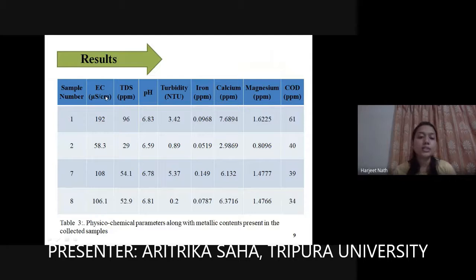Here you can see the electrical conductivity is 192 microsiemens per centimeter, but after filtration the electrical conductivity reduced to 58.3 microsiemens per centimeter. For total dissolved solids, in raw water it is 96 ppm, and after filtration it is 29 ppm. The pH, turbidity, iron, calcium, magnesium metallic contents, and COD are the same.